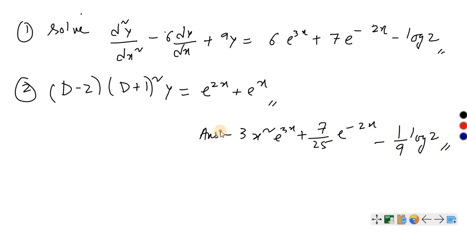This is answer number 1, and for answer 2, x/9 e^(2x) − e^x/4. So these are the two solutions of the first two questions.